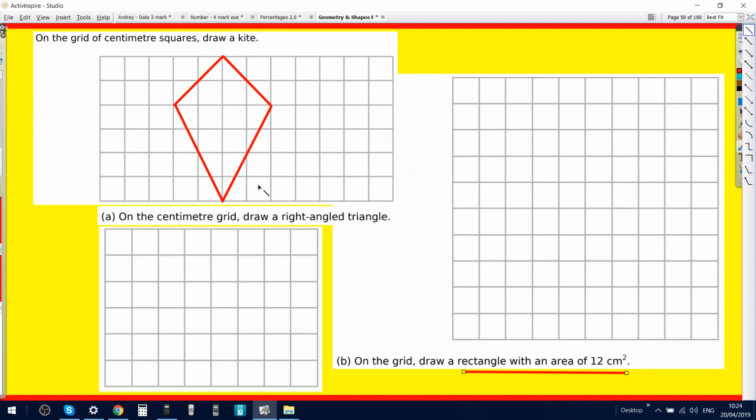You could have the sides 12 centimeters wide, and then the height 1. So maybe I'll go 12 this way. No, I've only got 10 squares. So maybe have 3 as a height, and then 4 along. Yeah, that'll work.